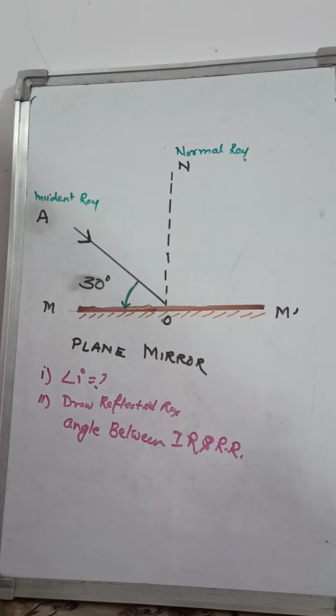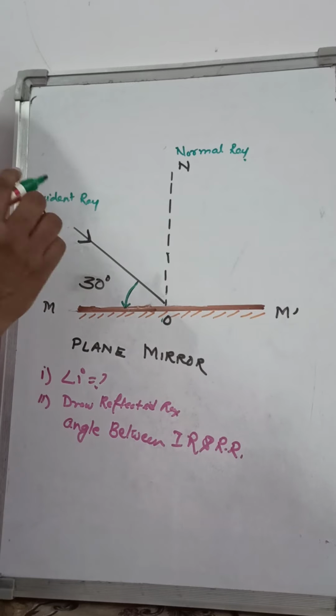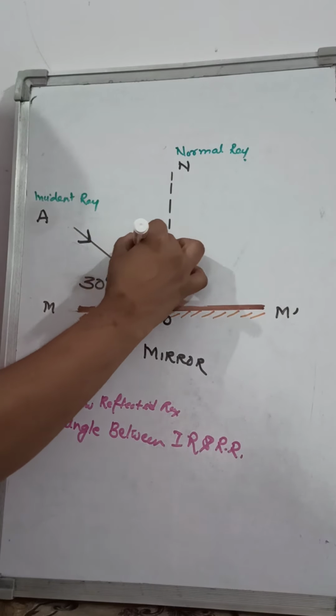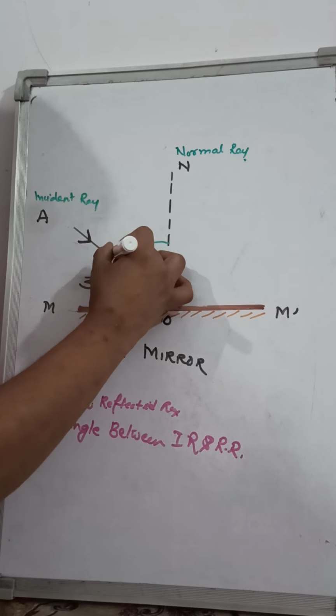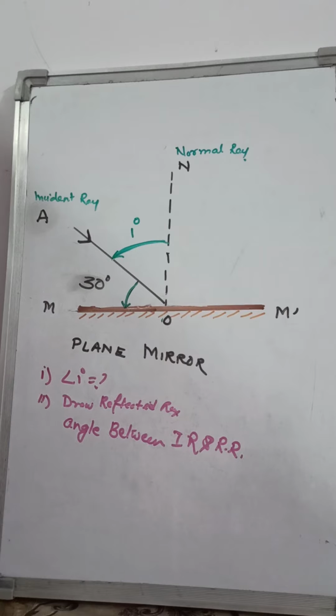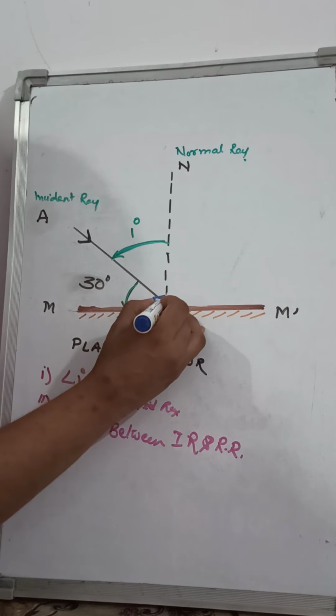Now let us do this question. First of all, let's see what is the angle of incidence. What is angle of incidence? The angle between the incident ray and the normal. This is your angle of incidence I. And how much does the normal make with the plane mirror? 90 degree.